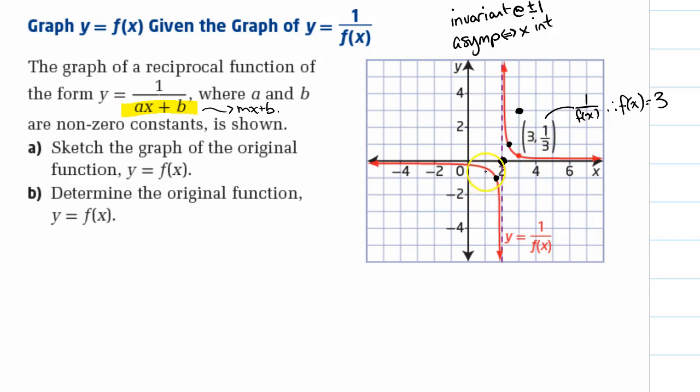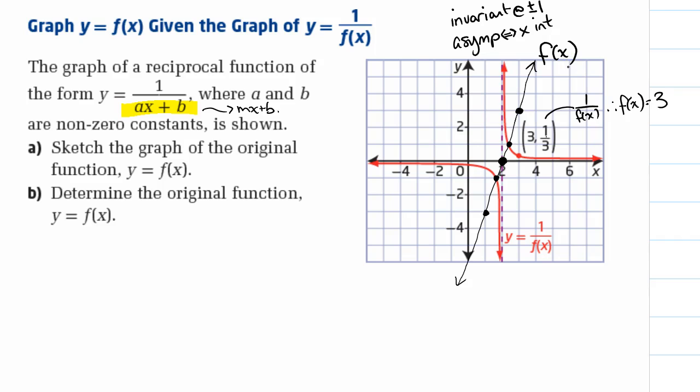And because of symmetry, we can also guesstimate that we have one there, but really all we need is these 2 points in order to be able to draw our straight line. And that's my original function.